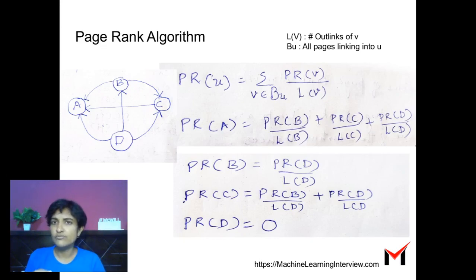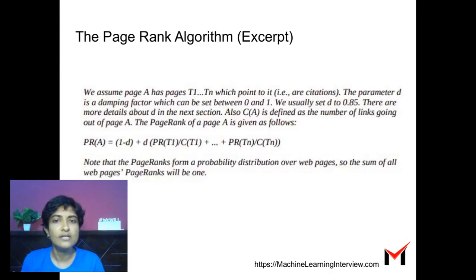A variation of this that has been used in the original paper is the random surfer with restart model, where we have a damping factor which says that a random surfer can follow one of the outlinks at random, but with a small probability they can also pick another page in the graph.